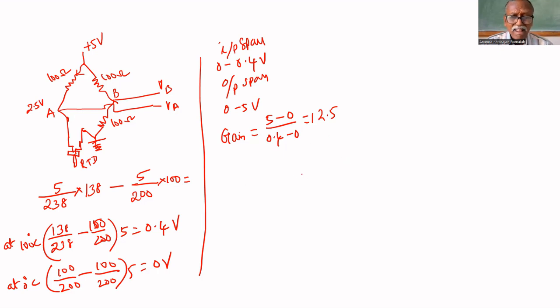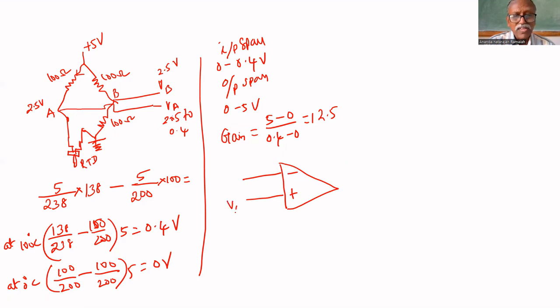So we will design VA, VB to be connected here to an op-amp. VA is at higher potential. VB is always at 2.5 volt. VA increases from 2.5 up to 0.4 more. While giving to the differential amplifier, higher potential must be given to the positive terminal.